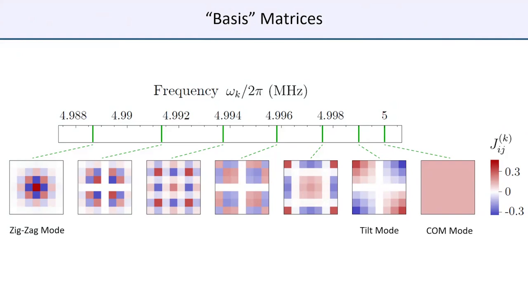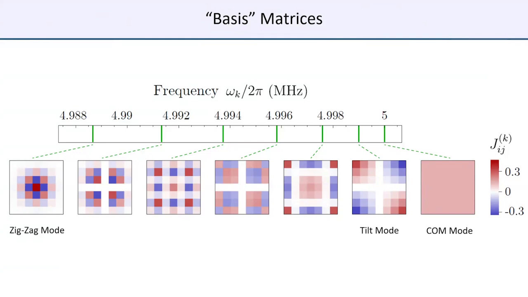And that means that there are 7 normal modes in my chain. With 7 normal modes, I therefore have 7 basis matrices. Okay, so this one is made out of the center of mass normal modes. This one is made out of the tilt normal modes. This one down here is made out of the zigzag modes. And kind of by our definition, really what we're taking is each normal mode outer product with itself.